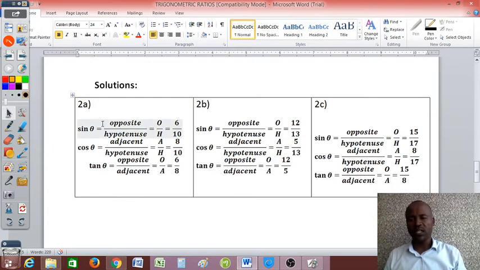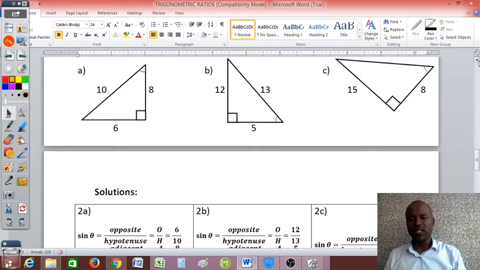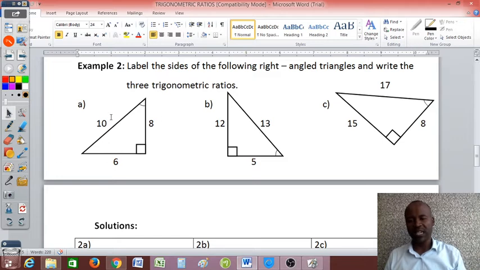So the solutions, the first A. Sine is defined as opposite over hypotenuse, opposite divided by hypotenuse. But which one is the opposite and which one is the hypotenuse here? The opposite is the side which is opposite to the given angle. As you can see, the given angle is here.